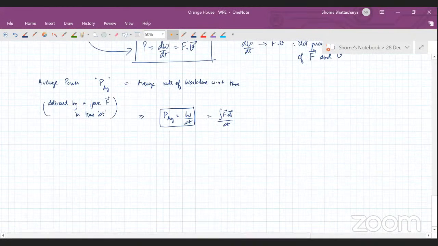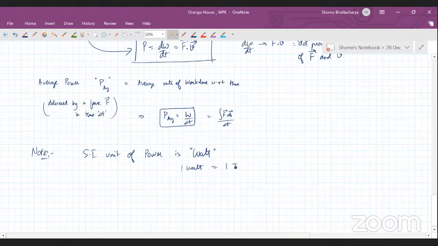The SI unit is watts, named after the physicist James Watt. So 1 watt equals 1 joule per second, which is the same thing as 1 newton meter per second.